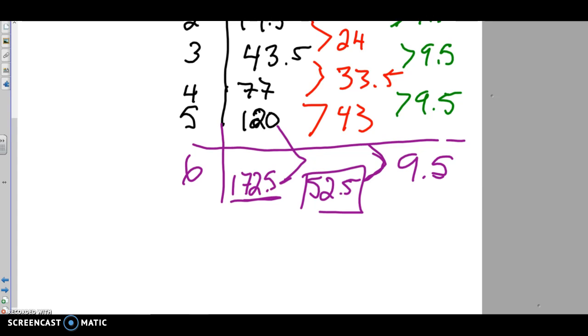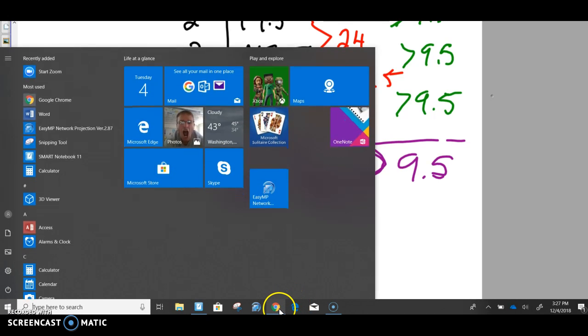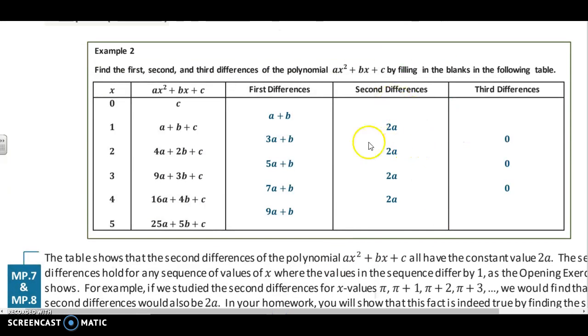So to figure out the quadratic equation, I need to reference the chart that I made on page 2, bottom, to determine what the second difference of a quadratic is equal to. So I see right here, the second difference of a quadratic is equal to 2a.